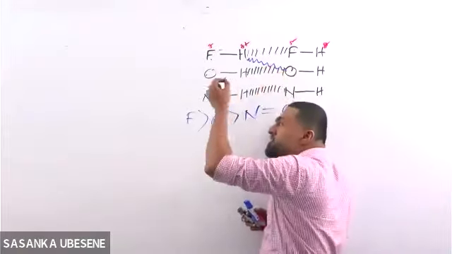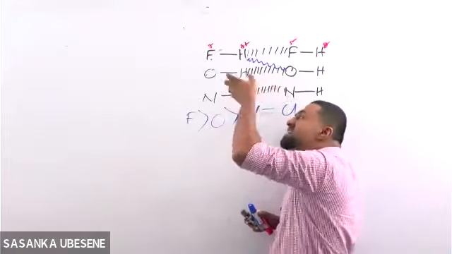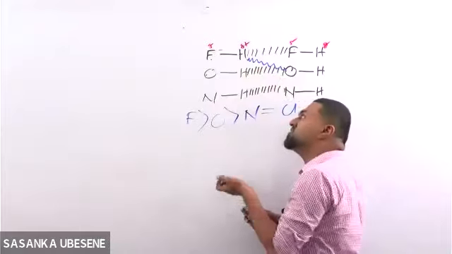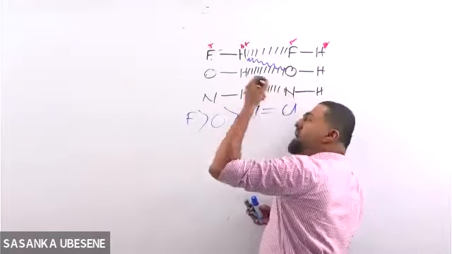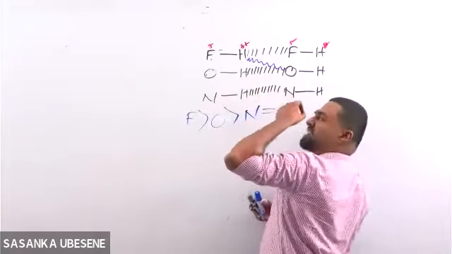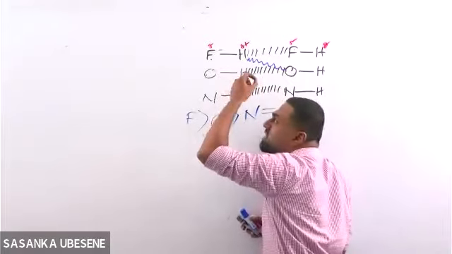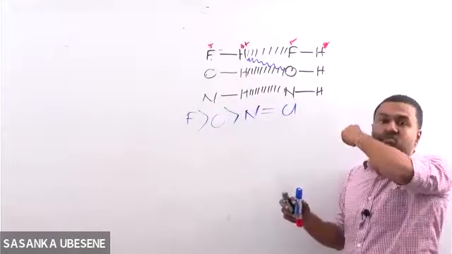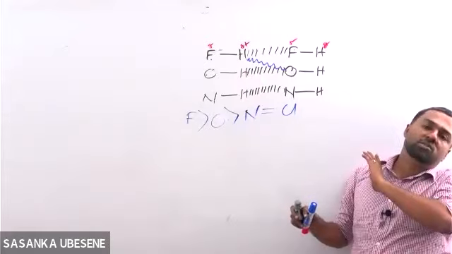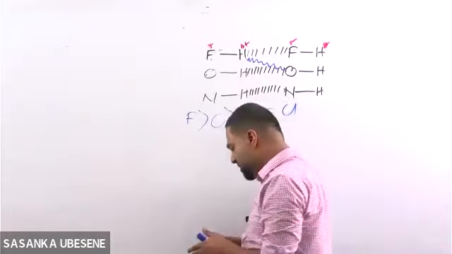So hydrogen bonding between same type of molecules means hydrogen, that is the receptor, is attached with one of the most electronegative atoms like fluorine, oxygen and nitrogen. On the other hand, the donor atom is also attached with hydrogen.